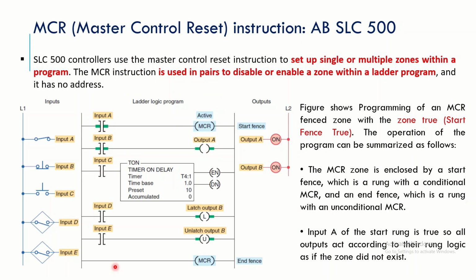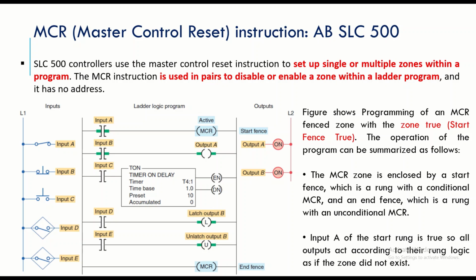Now you see here that an illustration circuit is given in front of you. What is there in the circuit? You can find the first rung to be the start fencing for the MCR, and the last rung is the end fencing. In between there are other objects. Let us check.